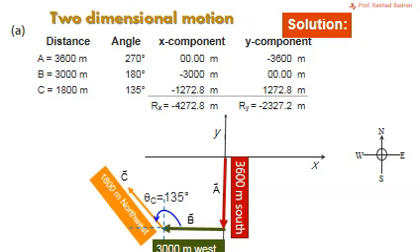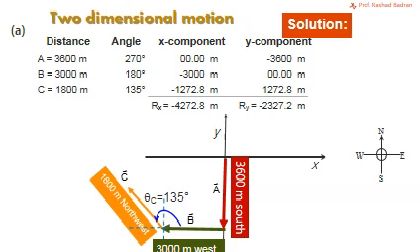That's why we got the x component with a minus sign, while in the case of displacement A, we got the y component with a minus sign, which indicates that the y component in A is going downward, while the x component of B is going westward.